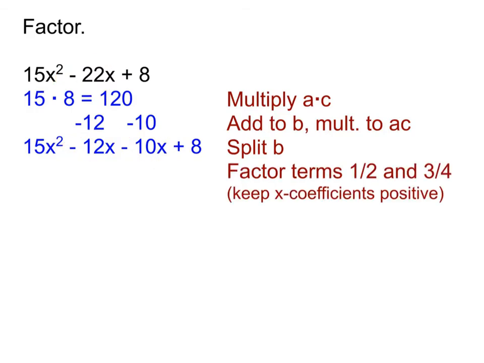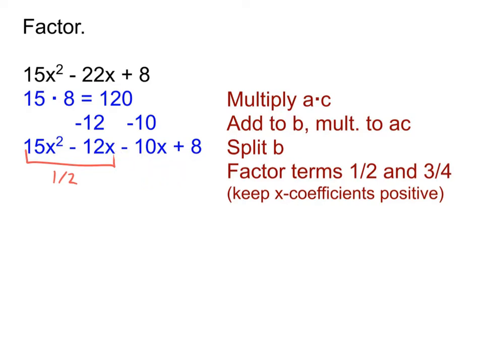Because we now are going to factor terms 1 and 2. And so when I'm talking about terms 1 and 2, this is what I'm talking about here. And then terms 3 and 4, we're talking about those terms. What we're going to do is we're going to treat each of those two binomials as their own separate binomial to factor. So let's go ahead and start by looking at terms 1 and 2 here.